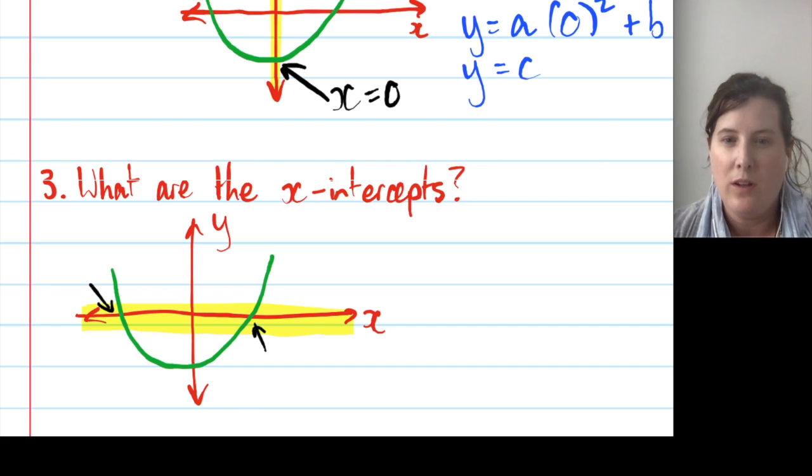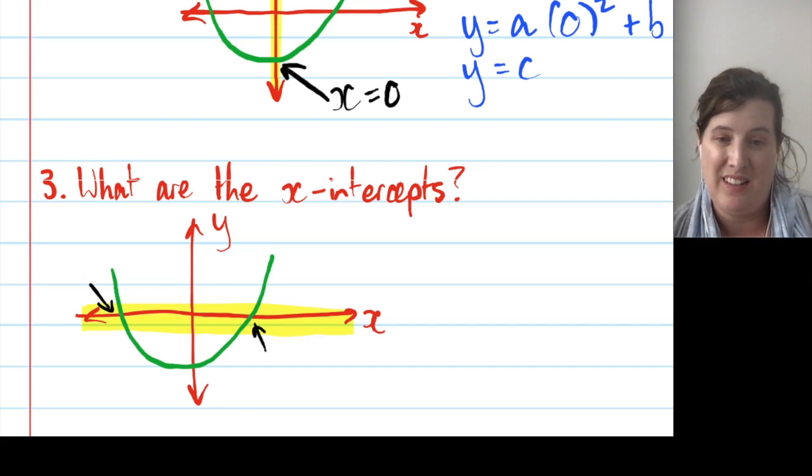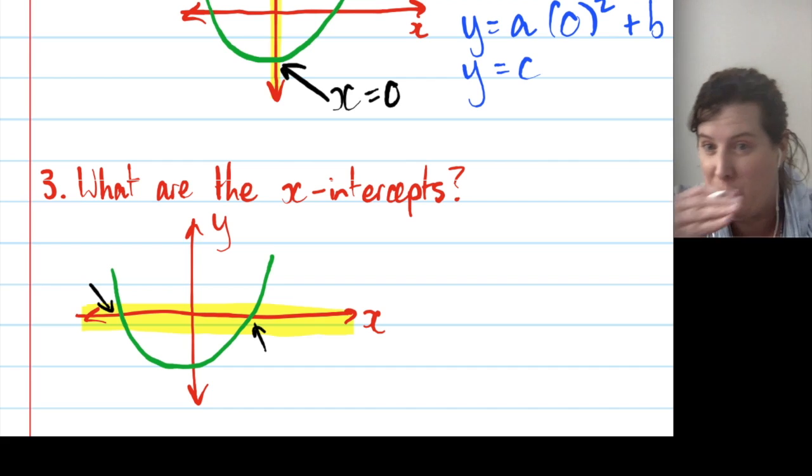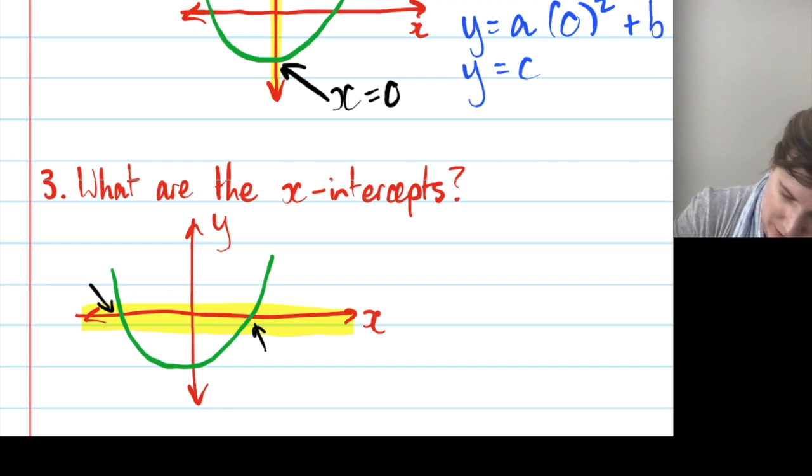But we don't know what x is at these points yet. We will find out. But what does y equal at all these points along the x-axis? It equals 0, because we're not up, we're not down, we're exactly on the x-axis.